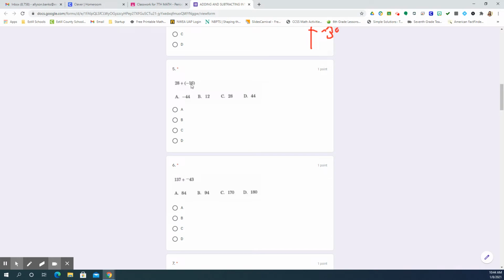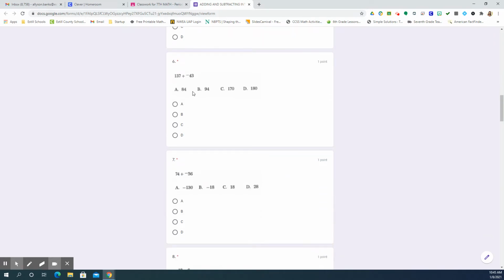So 28 minus 16, and because 28 has a further distance on the number line than -16, we are going to keep our number positive, which means it can't be A because that's negative. It can't be 44 because that's bigger than 28 and 16, and we're subtracting. So it's either going to be 12 or 28. Well, 28 minus 16 is not 28, so the answer has got to be B.